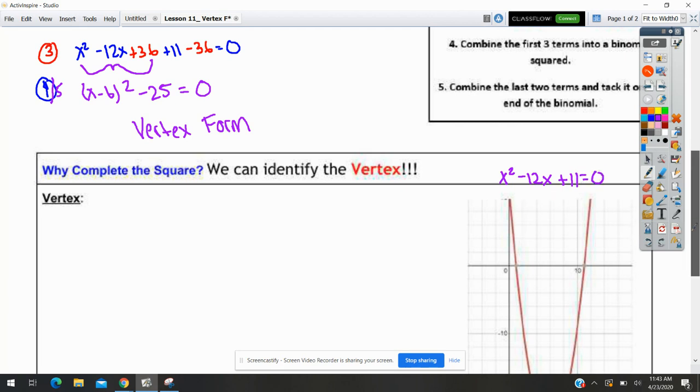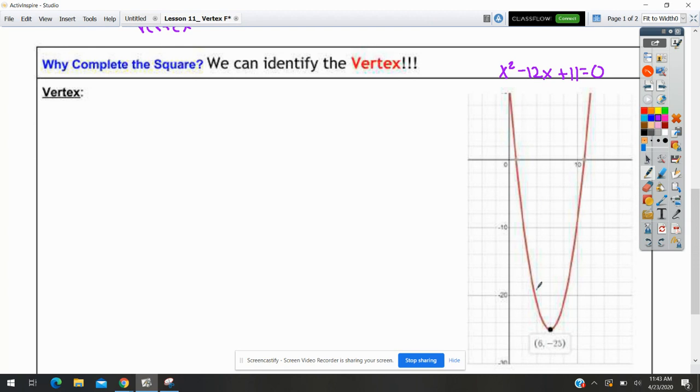I took a picture of it in Desmos. And what do we notice about the vertex point here? The vertex here is 6, negative 25. If you want, you can go into desmos.com and graph it for yourself and zoom out so you can see the vertex. So our vertex is 6, negative 25.